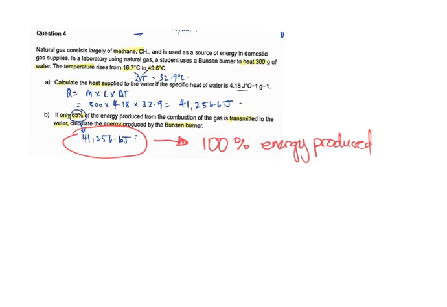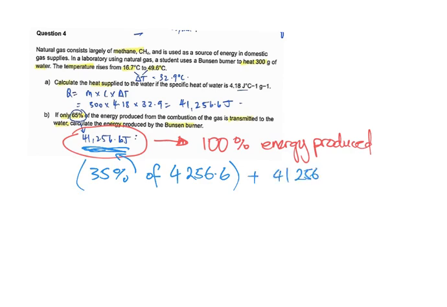Many of them didn't know how to do it, but the majority of them simply worked out 35% of 41,256.6, and then they just simply added this back onto 41,256.6 joules. Now we know why this is incorrect, but students don't.